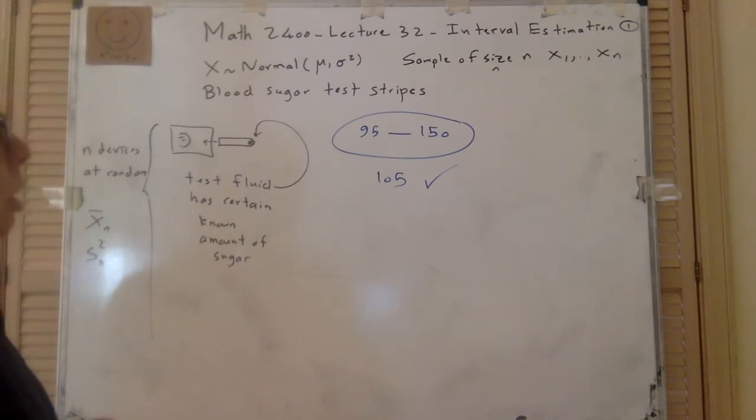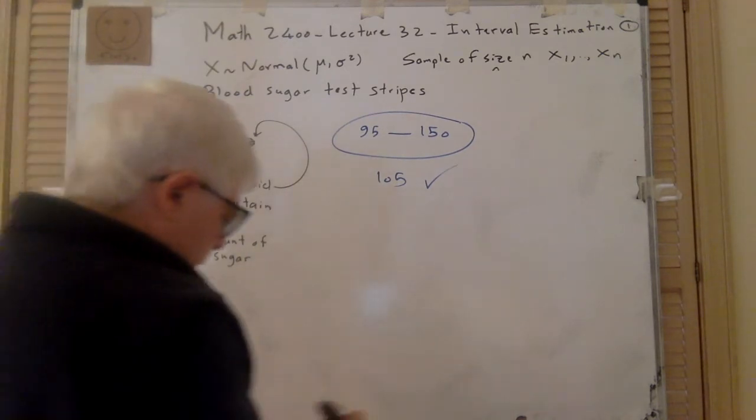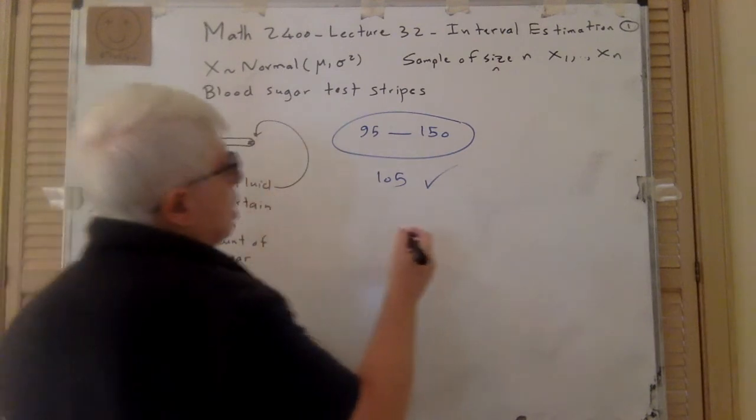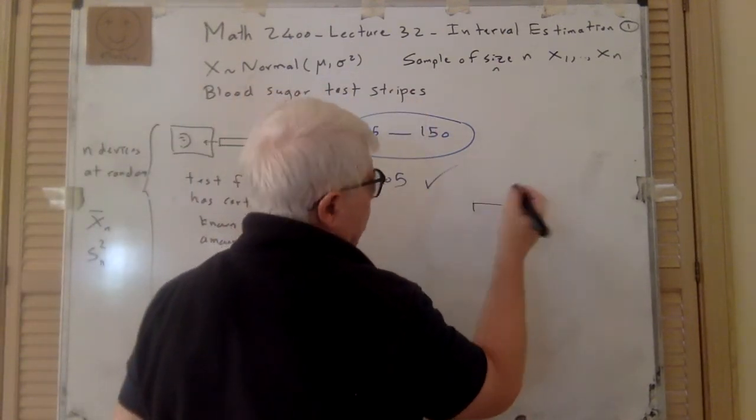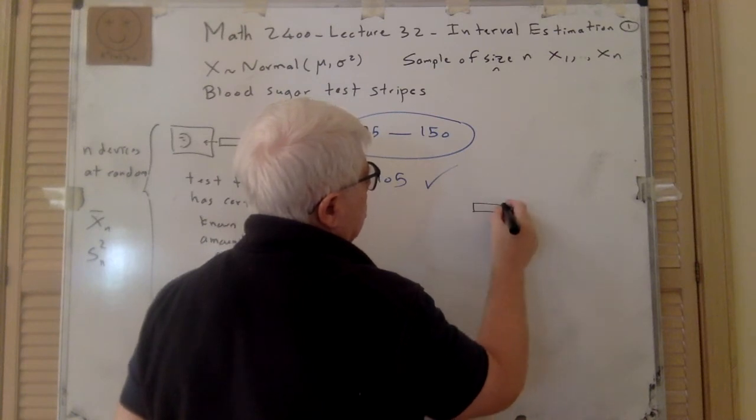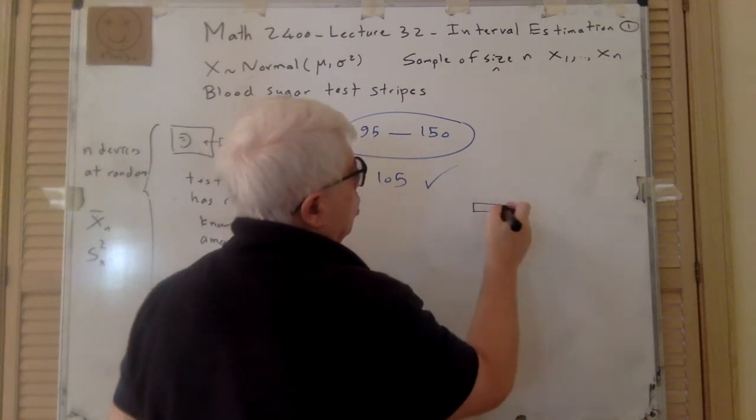So the company that made this device is telling you that if the reading falls within this interval, then your device is working correctly. For this one, the stripe was this big, say. I'm not saying exactly this big, it's much smaller, I'm just comparing.